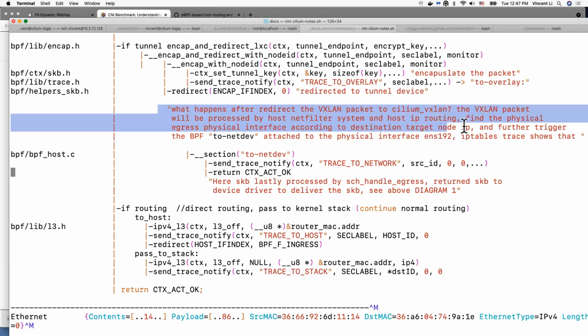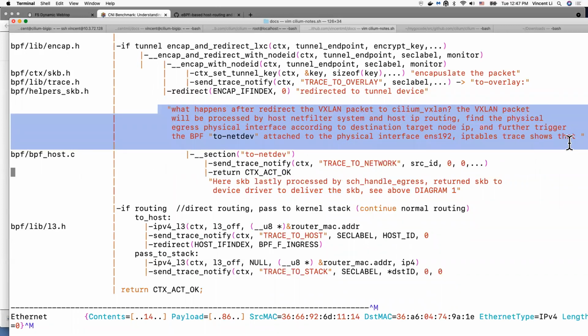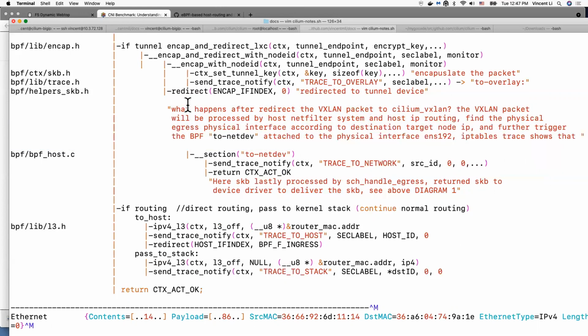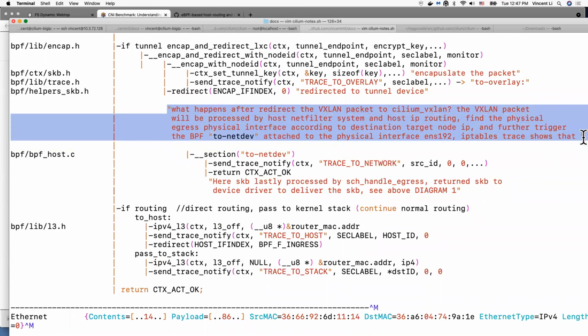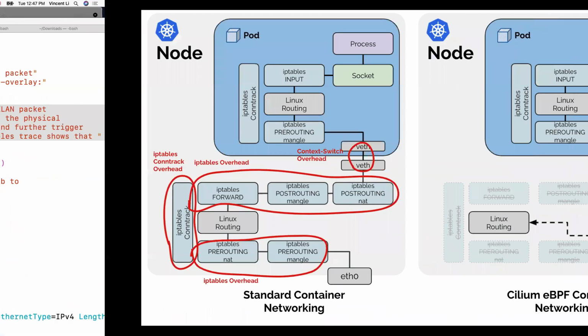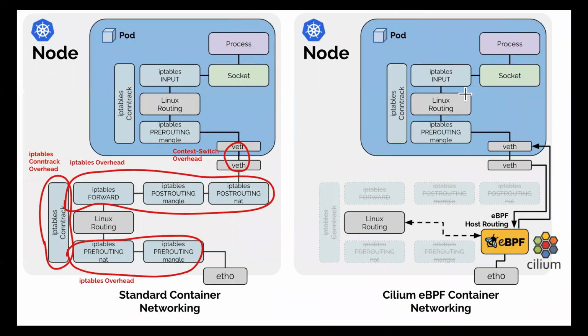So here again, we can get a confirmation from a diagram. This is a diagram from Cilium benchmark test.